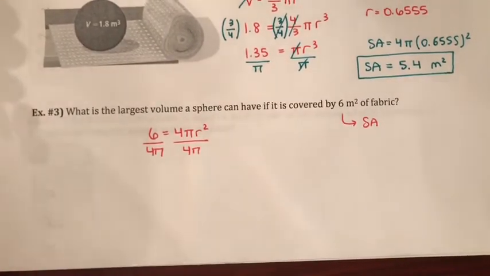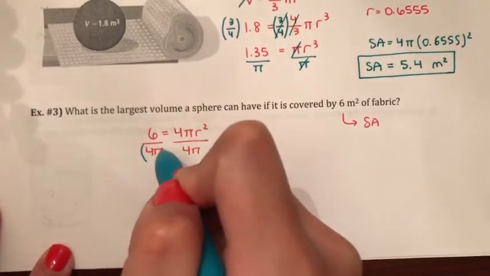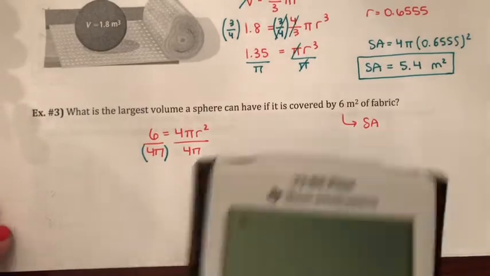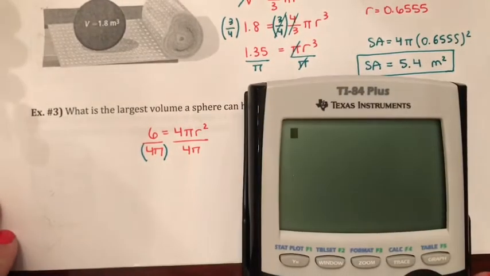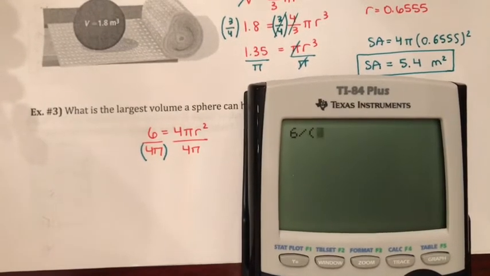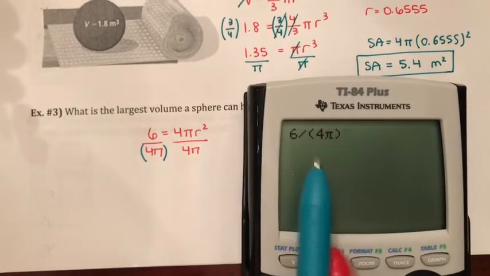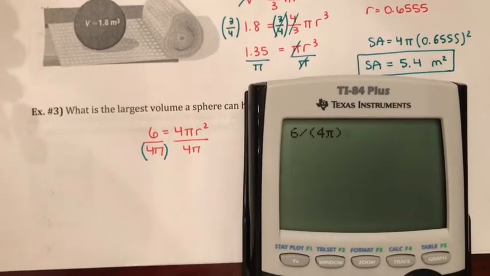Okay, now when you type this into your calculator, you have to be careful. You need to put parentheses around the stuff that you're dividing by. Otherwise, it's going to give you the wrong answer. So I have 6 divided by, parentheses, 4 pi. That way you're dividing by this whole quantity.